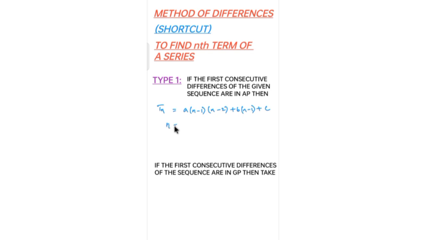Put n equal to 1 and equate that to the first term of the sequence, put n equal to 2 and get the second term of the original sequence, and put n equal to 3 and equate that to the third term of the original sequence. From these three equations you can find the three unknowns A, B, C.